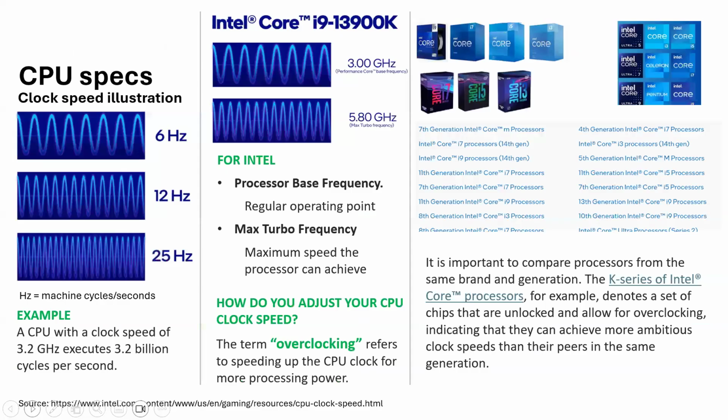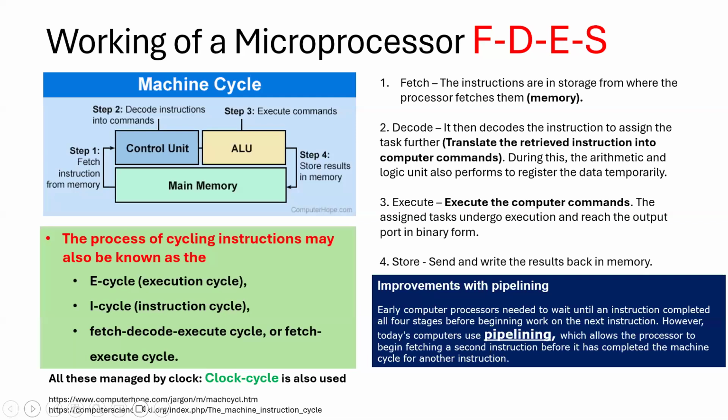Now, CPU spec. I want you to understand how this processor cycle works. You can see you have the control unit, ALU and the memory, and how they relate. The control unit is the one fetching, organizing and scheduling everything, then passing it on to be decoded.